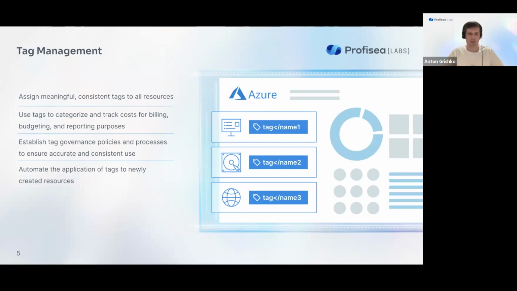It can be anything. It could be unit, project, version, whatever. Maybe some business related things. Maybe this component is related to some business process, and again you can tag it. The more tags you put, the more sense they will make, and the better it will be, not only for the FinOps part, but also for the monitoring part and for tracking all of your resources. That's about tags.